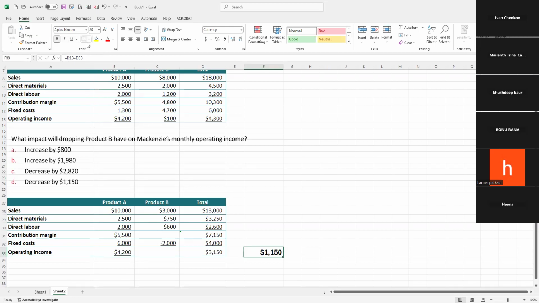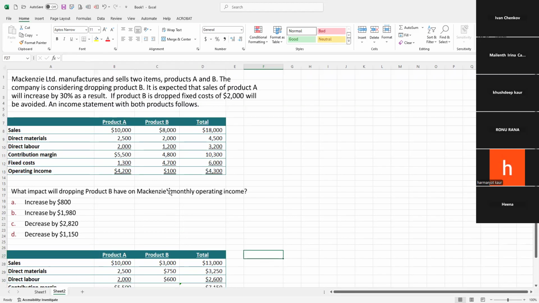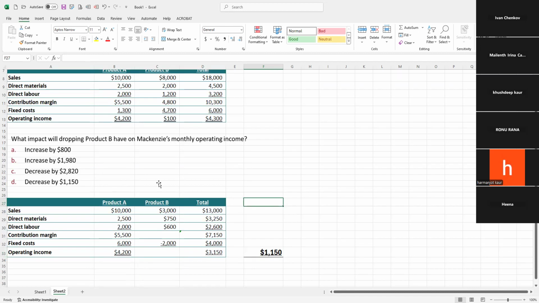This type of question, you have to read the information carefully to understand what actually happens. Because here again, the sales increase with 30%, but the sales of the products, not the sales itself, not the sales revenue. Means that increase in 30% with sales, that's going to drive the variable cost as well.